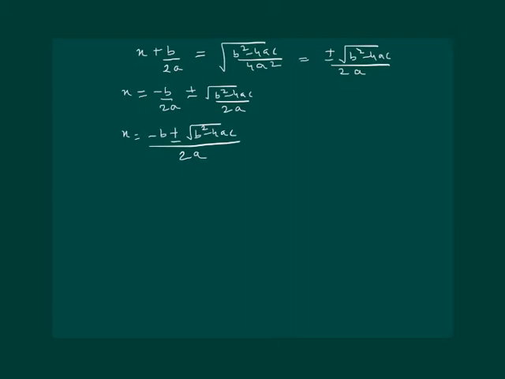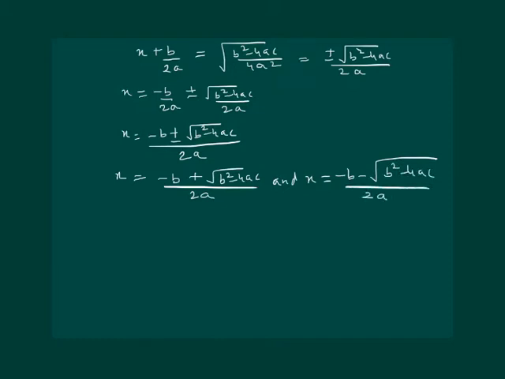So the two roots of the quadratic equation ax square plus bx plus c equal to 0 are x equal to minus b plus under root of b square minus 4ac by 2a, and x equal to minus b minus under root of b square minus 4ac by 2a, if b square minus 4ac is greater than or equal to 0.